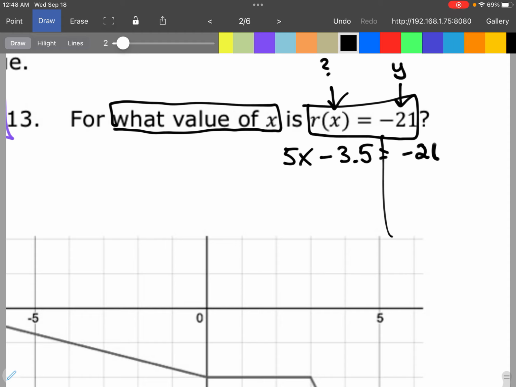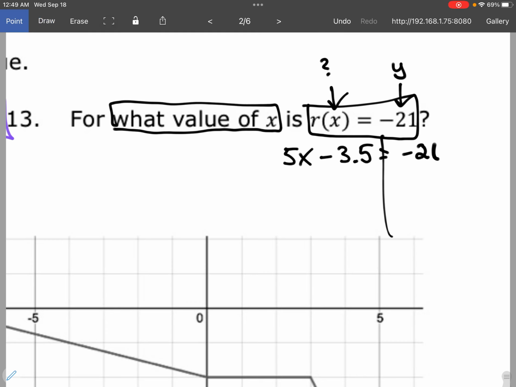And now we just solve a two-step equation. First thing you want to do is get rid of this guy right here. So let's add 3.5 to both sides. The goal is to get x by itself, and x is directly attached to the 5.